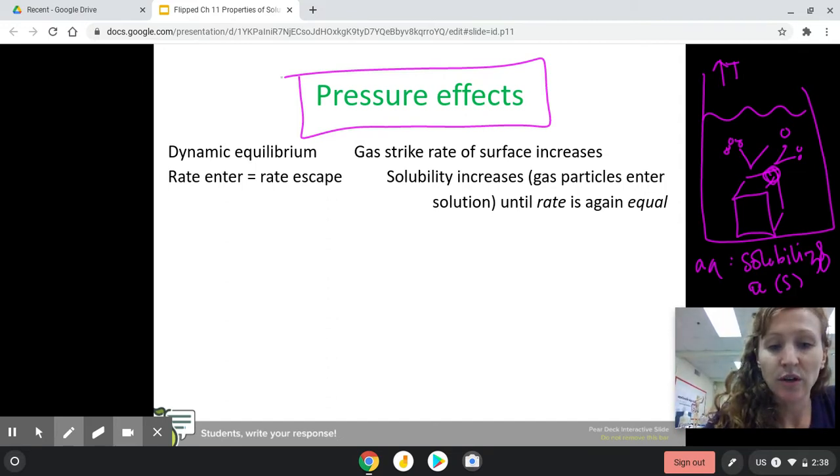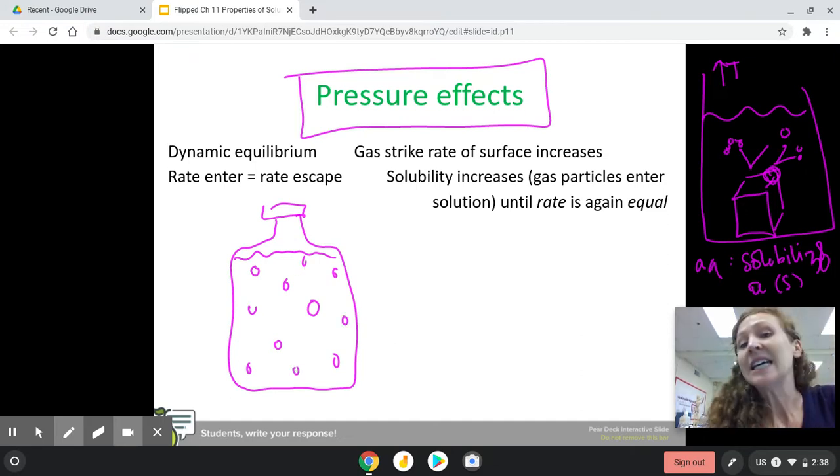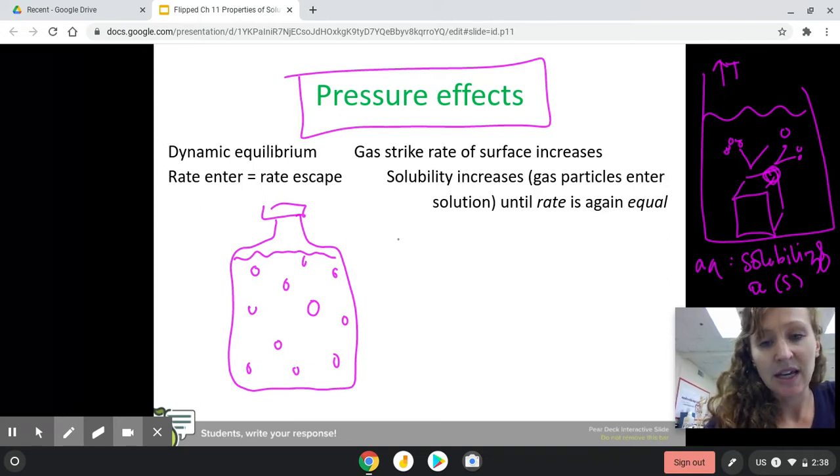And so when things are carbonated, what that means is that inside the liquid, there are gas molecules of carbon dioxide dissolved inside that solvent. So the solute then is carbon dioxide.